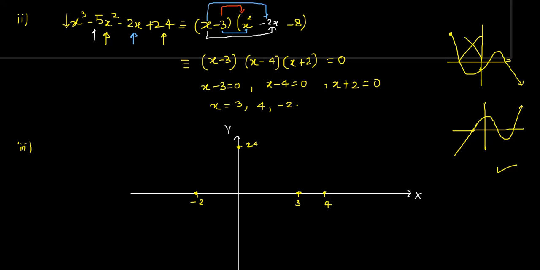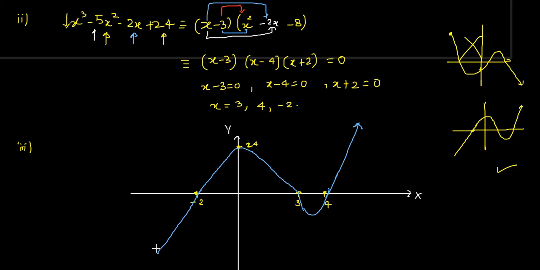So let us draw the shape of this. It will start from -infinity like this, intersect at -2, then the y-intercept is +24, then it will come down to x equal to 3, then again it will bend between 3 and 4, and again intersect at 4, and it will increase to +infinity.